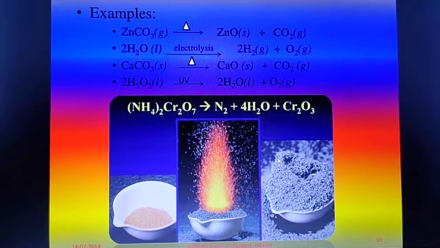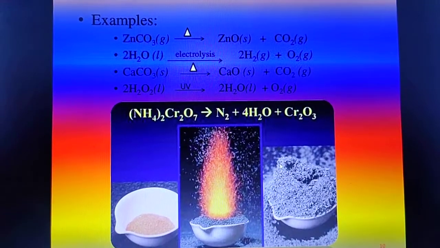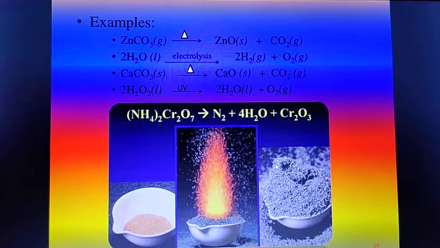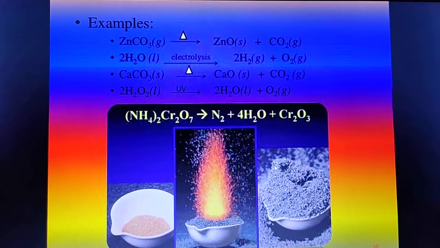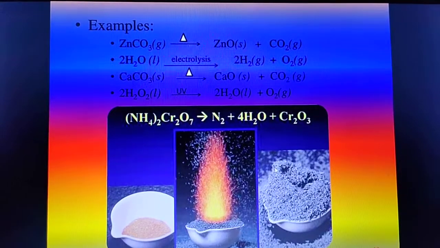ZnCO3, if you supply heat to it, it decomposes into two substances. In the combination reaction, two or more substances combine to form a single substance. Here one single substance, if you supply heat to it, will decompose.